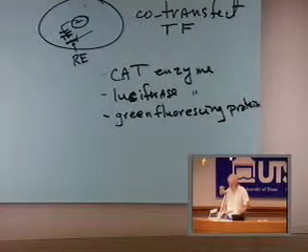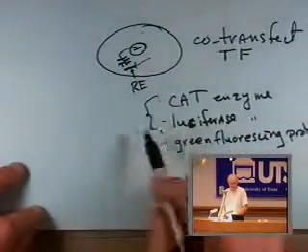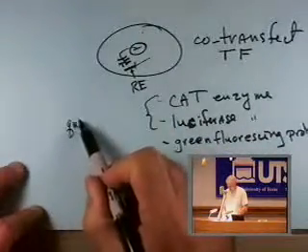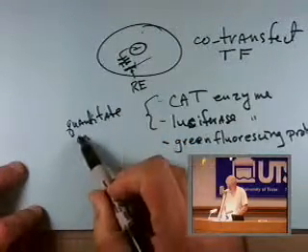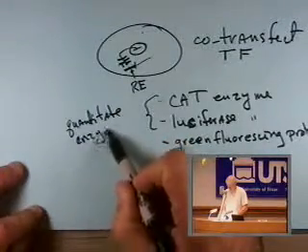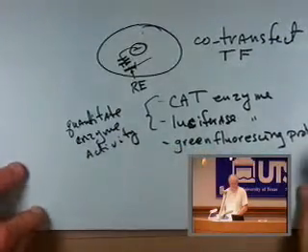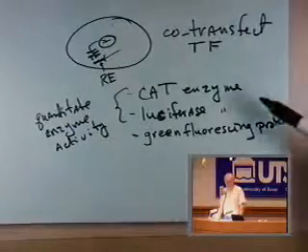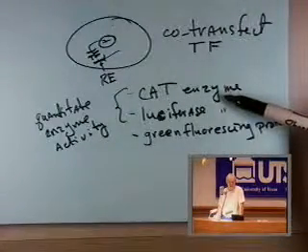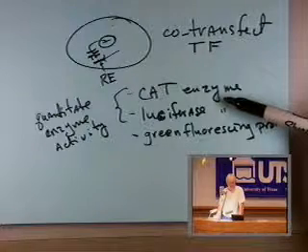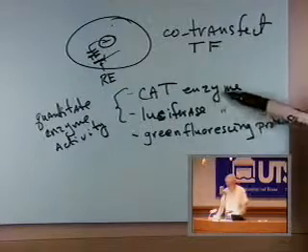So obviously for the first two, you have to quantitate the enzyme activity, and the CAT enzyme is usually a color reaction, so it's a typical type of color-dependent absorbance type of an assay.